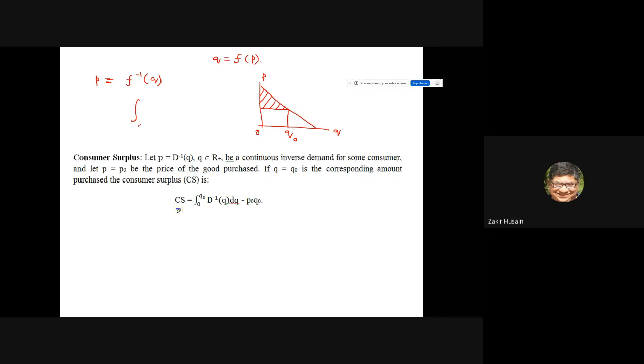So it will be the integral from 0 to Q0 of f inverse dq. So this will give me this area.